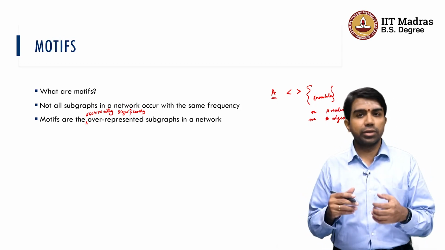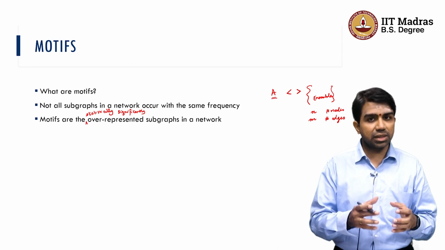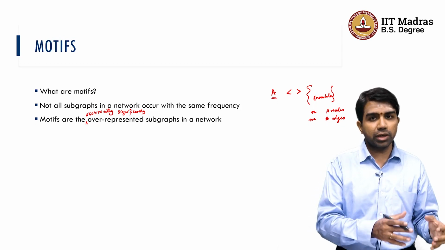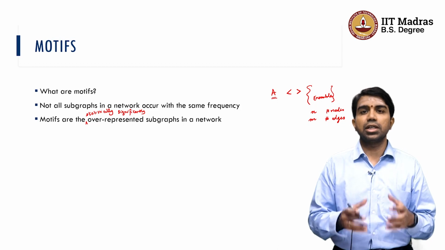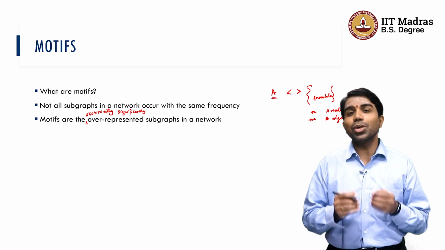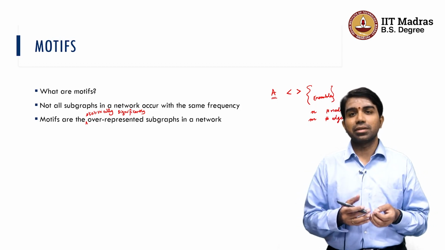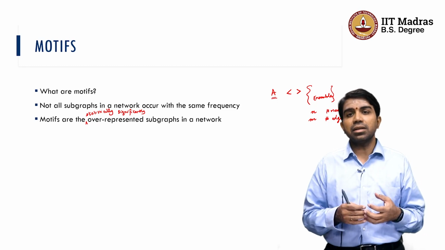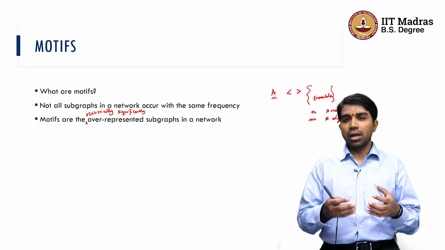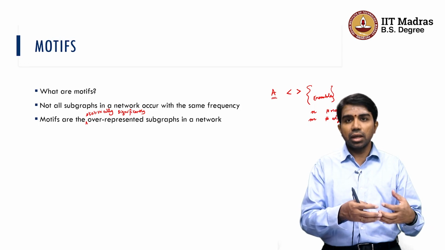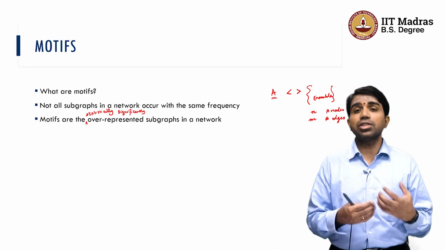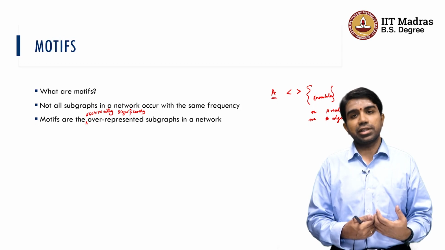So, what are motifs? Motifs are statistically significantly overrepresented subgraphs in a network. But how do you now say that something is overrepresented? Which means that you need a sort of background expectation. What is your background expectation?